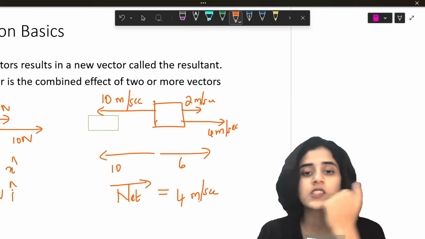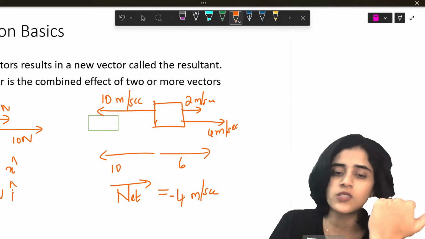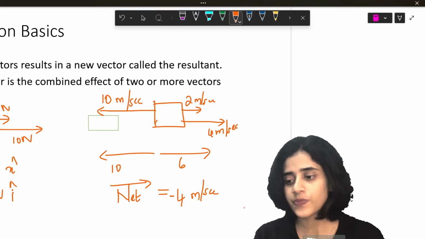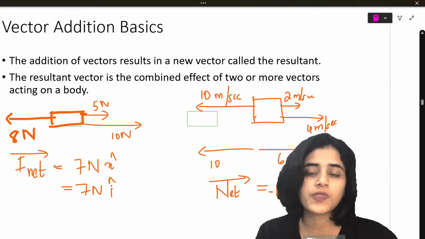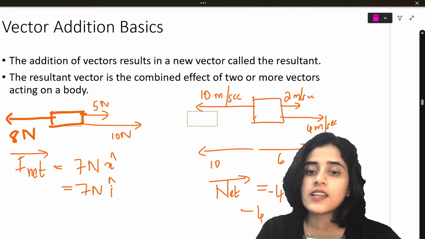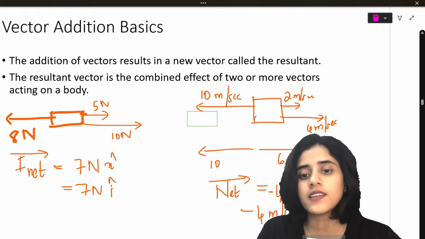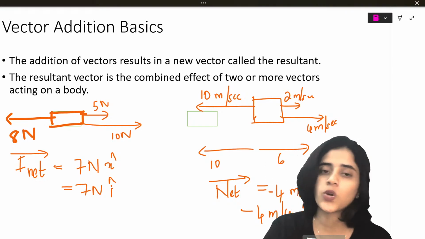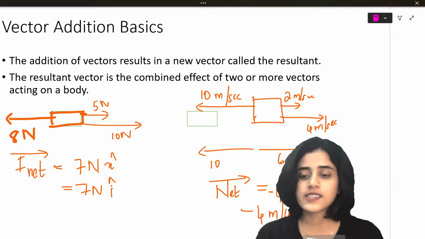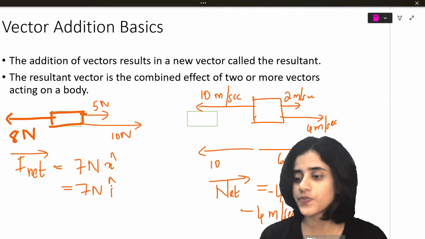Now this is in which direction? Backward direction. So it will be minus. This can be written as minus 4 meter per second x cap or I cap. Is this clear to all of you?